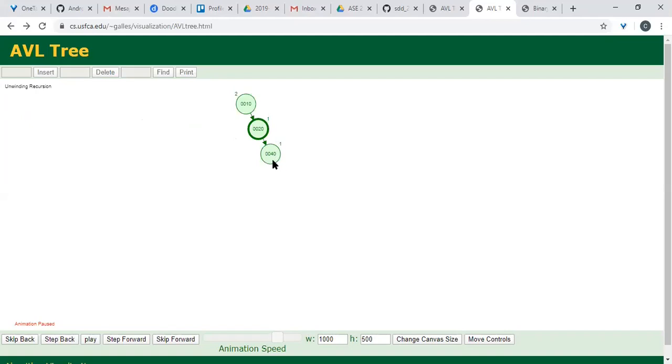We know how to do that. And now, when they go back towards the root, they will recompute the balance factor for each of the nodes on that path. It's the same path from the root to the location where we inserted 40. Now they will recompute the balance factor for this one, and it will be 2.